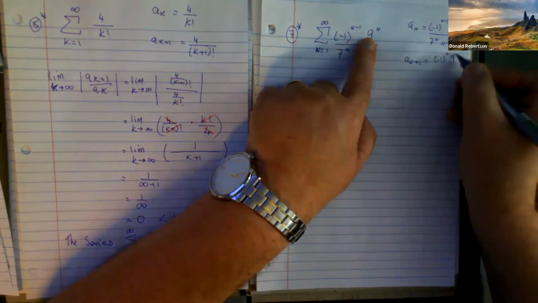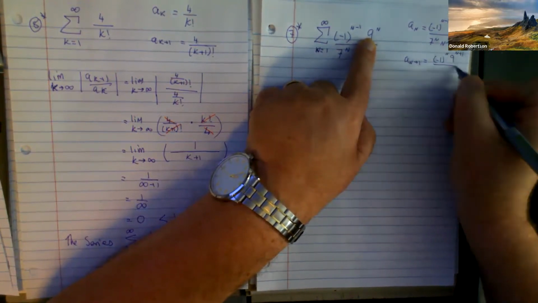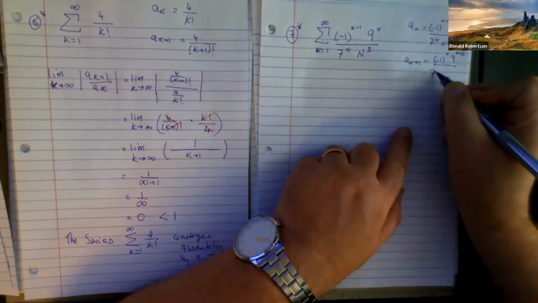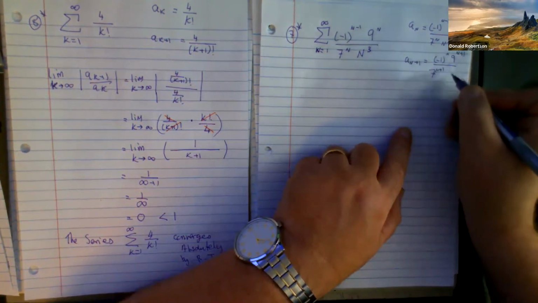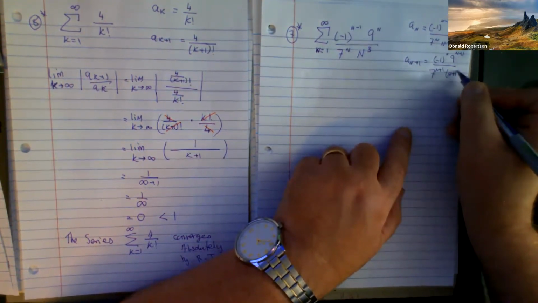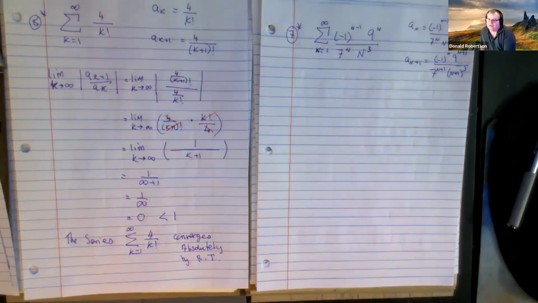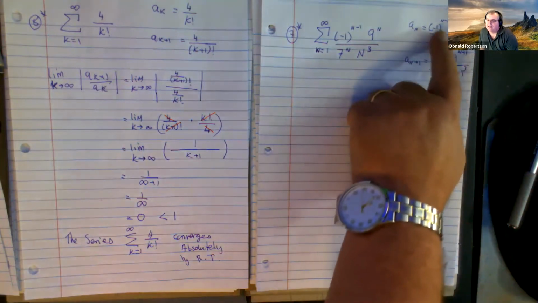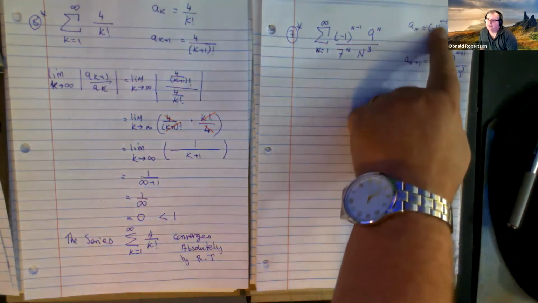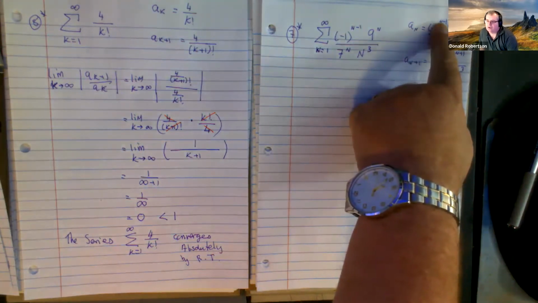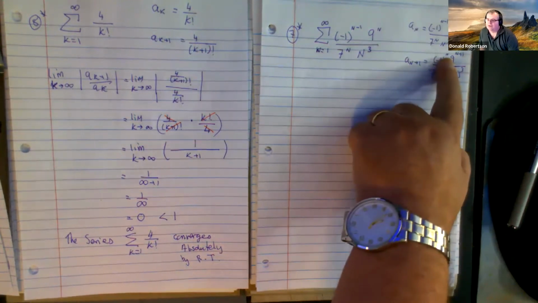That guy becomes 9 to the n plus 1. That guy becomes 7 to the n plus 1. And that guy there becomes n plus 1 cubed. Are you happy about all the 4 pieces and what they turned into when the n gets replaced by n plus 1? That -1 might be the weirdest looking one, but think about that. It's n plus 1, take away 1, and that's why you get n.